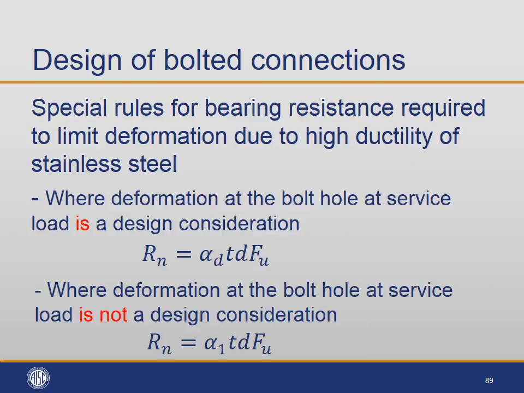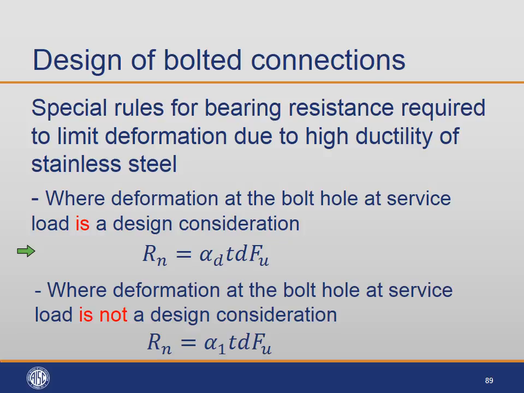When it comes to bearing, there are some special rules for bearing resistance, and this is simply to limit the deformation due to the high ductility of stainless steel. So if it's important, there is an expression for the nominal bearing strength where deformation at the bolt hole at service load is a design consideration.